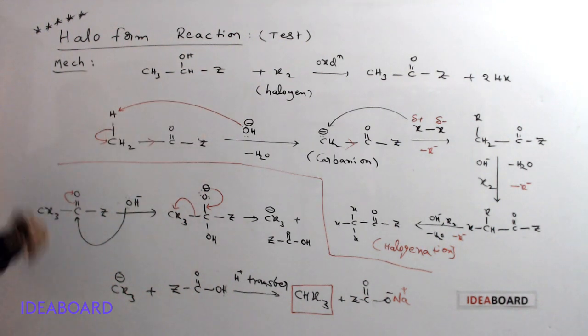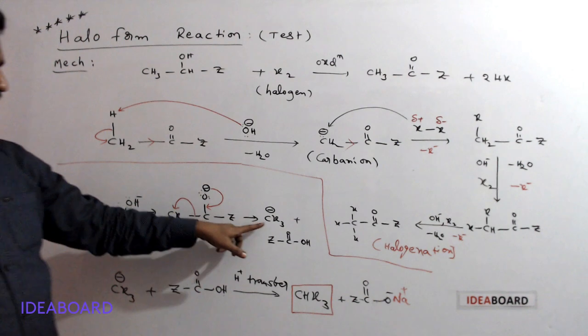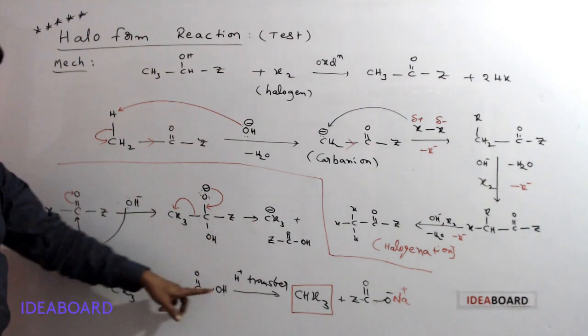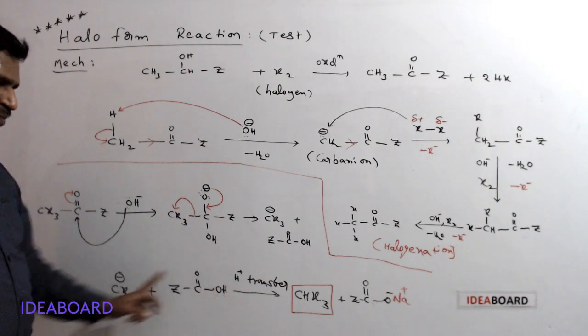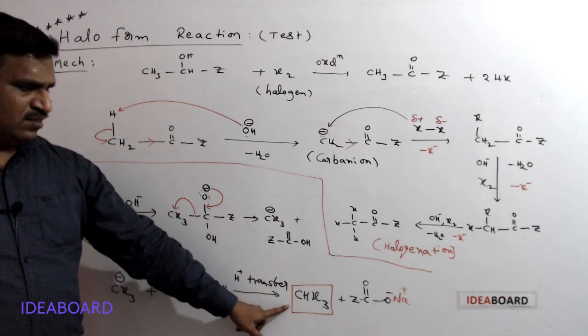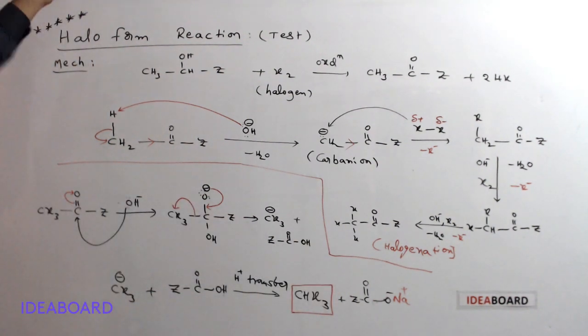This is easily available. And next, the base attacks and rearrangement occurs to give the trihalide ion. In this trihalide ion, a proton transfer occurs, and then it gives a haloform. That haloform and carboxylate ion formation occur. This is the mechanism for the haloform reaction.